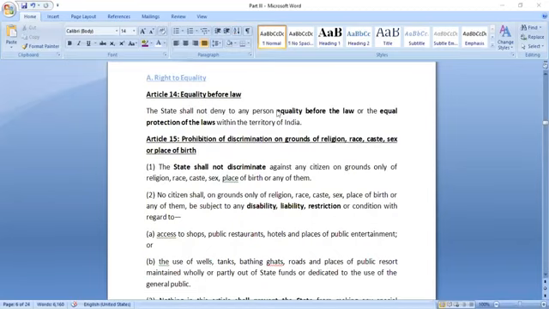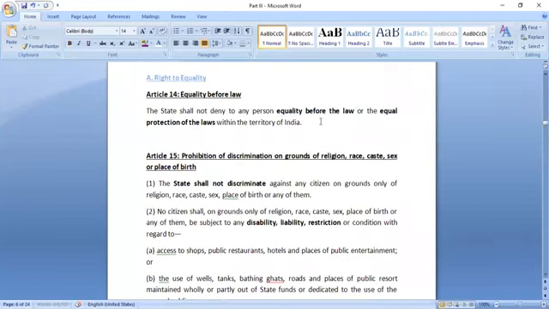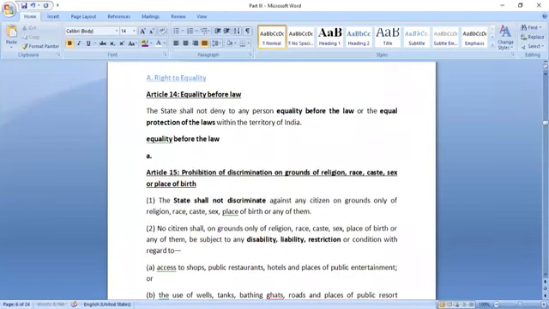Now what does equality before law mean? Absence of privileges. For example, there is the IPC, which has defined and provided for various types of crimes. If the Indian Penal Code is applicable for criminal offences in India, there should be absence of any sort of privileges.